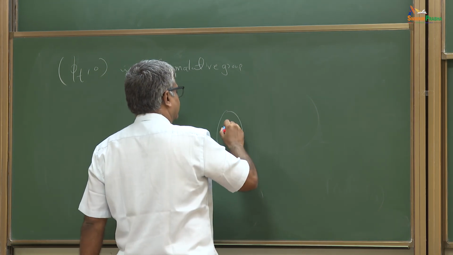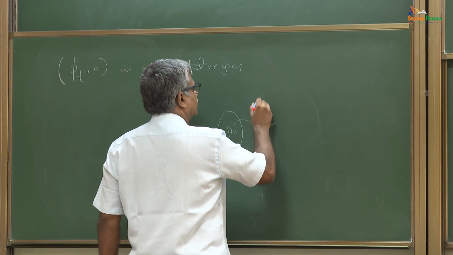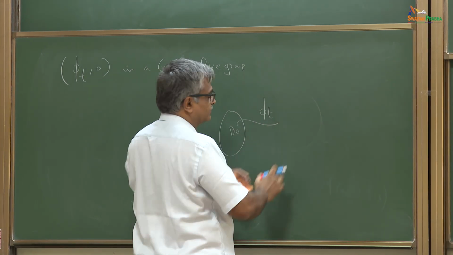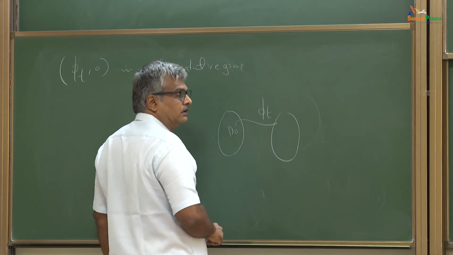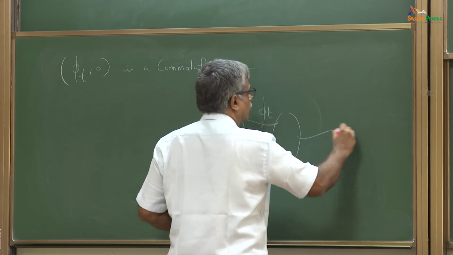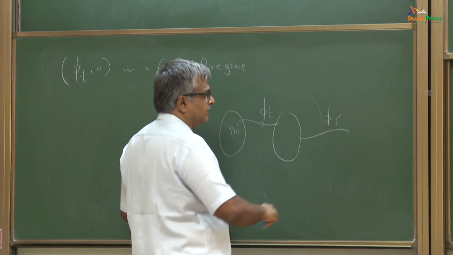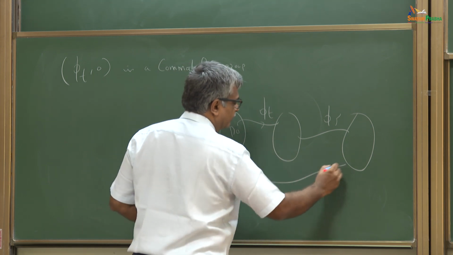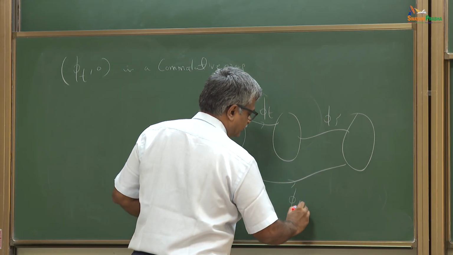So you take some set D naught, and then you evolve for time t seconds, the whole mass moves this way, and then you evolve for some other time tau, you get this set, which is same as going from here to here, we saw this.